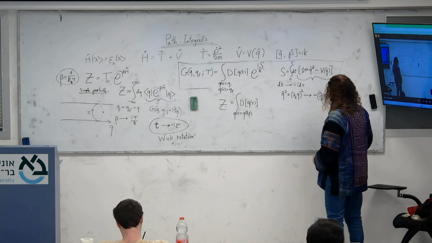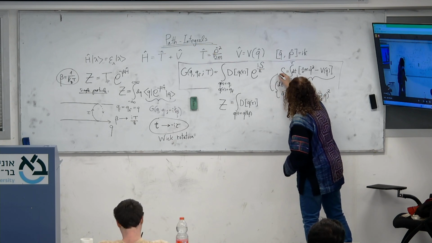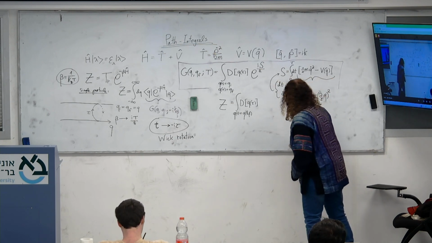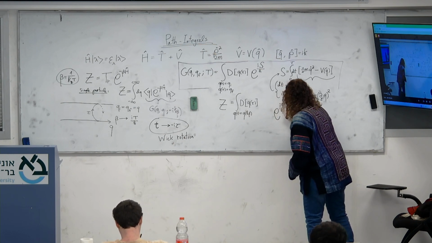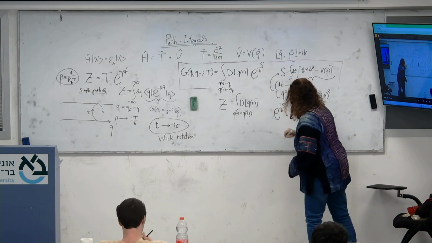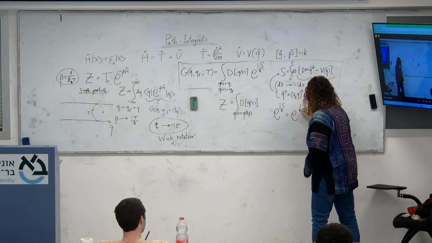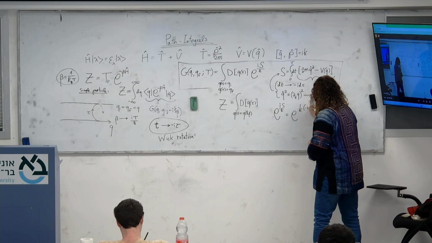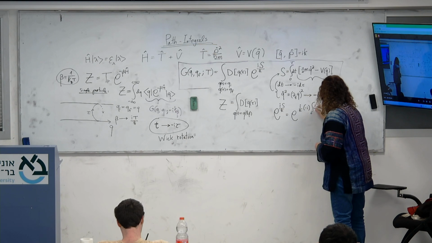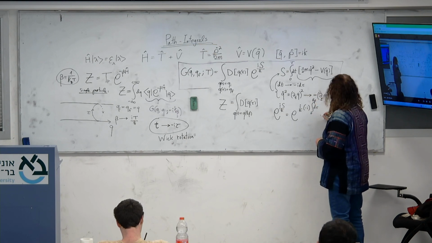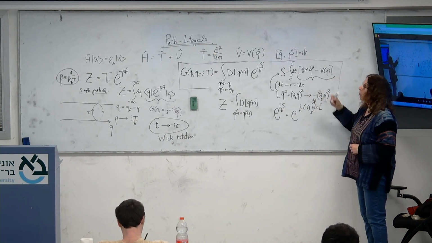So what we get from it is, if I plug these mappings into the expression I had for S, I get that e to the iS over h bar, which is what I have to plug in here, is e to the i over h bar times minus i integral d tau from 0 to h bar beta, and then what do I have inside instead of my Lagrangian?